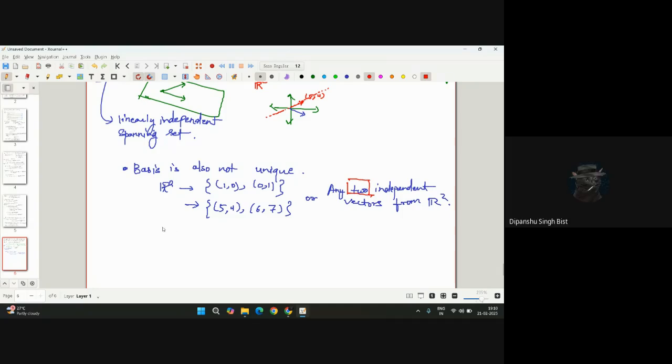Okay, so on the basis of basis, we define something called dimension, because we have said that the cardinality of a basis is constant.